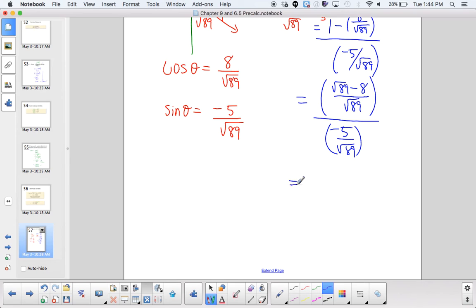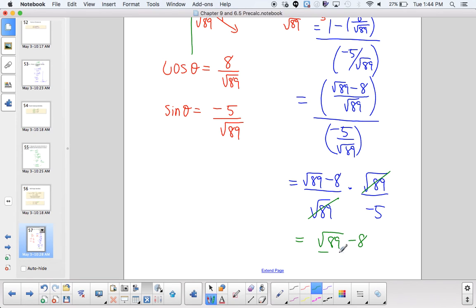And so now let's go ahead and divide those fractions. Multiply by the reciprocal. Okay, and this is convenient because then the square root 89's cancel, and we are left with square root 89 minus 8 over negative 5. Okay, and that is our answer.